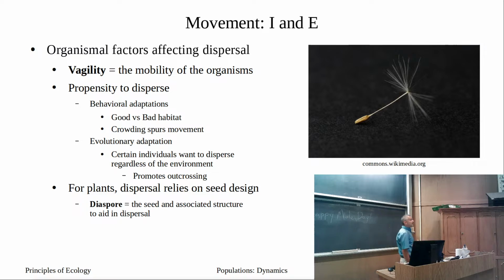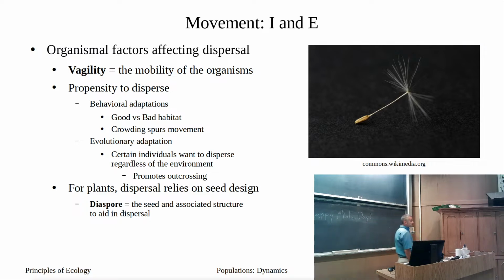An organism that's highly vagile is an organism that can move freely, move a lot. An example of that could be a lot of the birds. They're vagile. They can move. They end up in a habitat, they don't like it, they move on. A woodpecker goes into a tree, starts searching for food, doesn't find it, and after 5 minutes, it moves on fairly easily. These are highly vagile organisms.